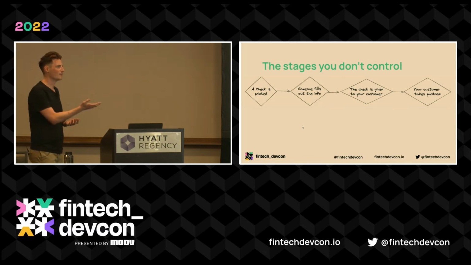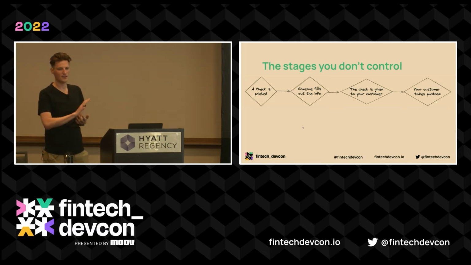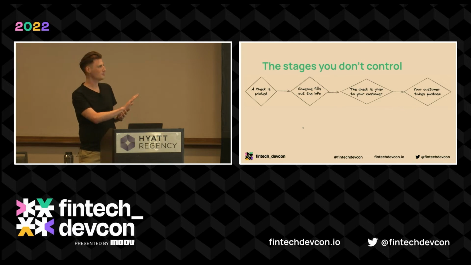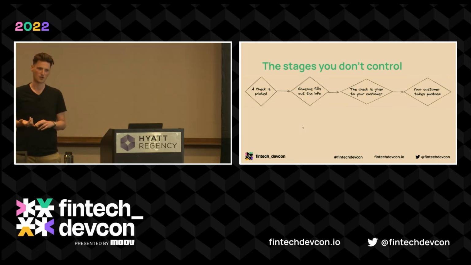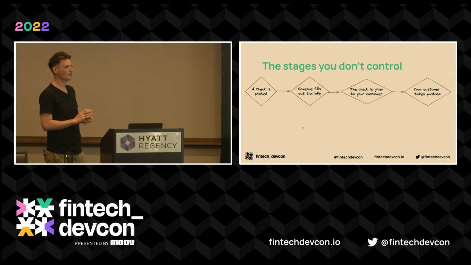So you kind of have control here, you kind of don't. And you do need to be a little bit careful about making sure that your customer is not taking photos in a really dark room of a dark check or a bright check on a bright background so you can't figure out where the boundaries of the check are, or a lot of these sorts of things. Your app can enforce some of that.